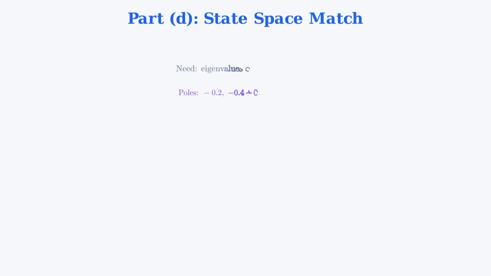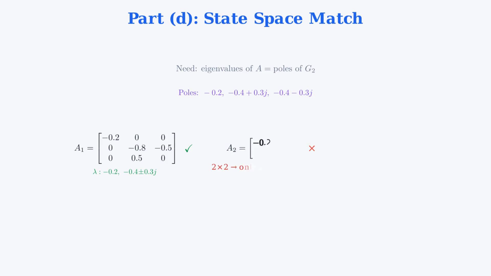Part D. Which system matrix matches G2? The poles of G2 must be the eigenvalues of the system matrix A. The poles are -0.2, -0.4 plus 0.3j, and -0.4 minus 0.3j. Matrix A1 is 3 by 3.